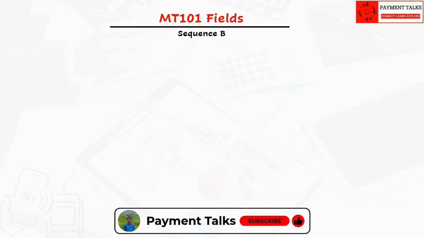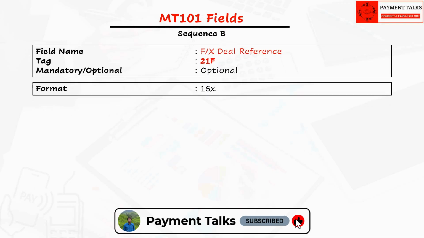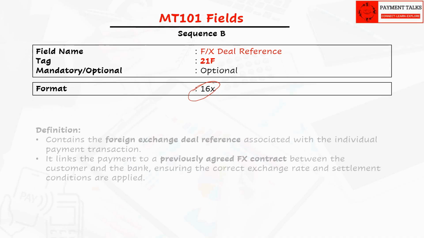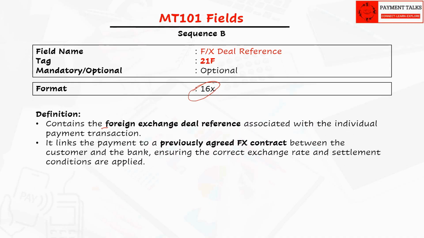The next field is FX deal reference, tag 21F. This is an optional field applicable for cross-border payments. The format is 16x. This field contains the foreign exchange deal reference associated with the individual payment transaction. It links the payment to a previously agreed FX contract between the customer and the bank, ensuring the correct exchange rate and settlement conditions are applied.